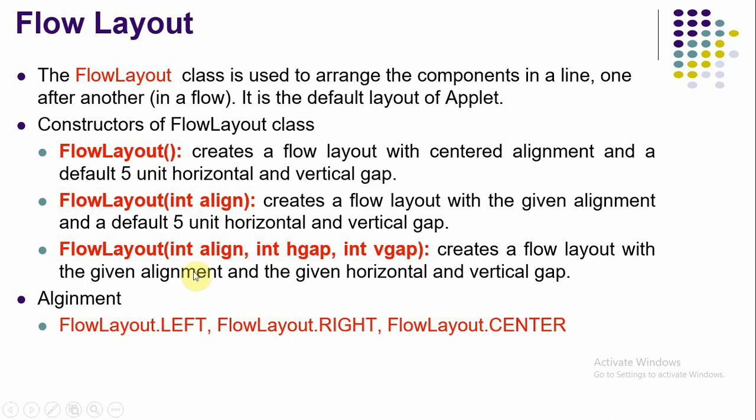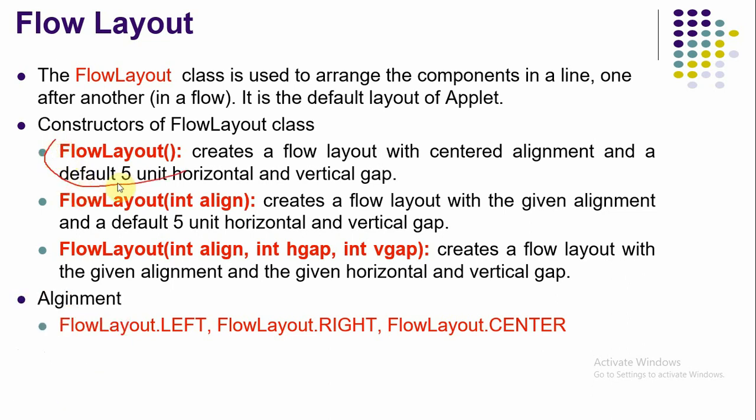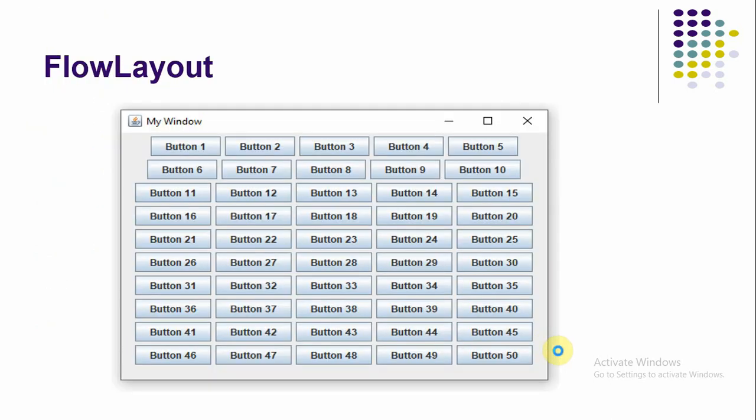We can create a flow layout by using the FlowLayout constructor. Here you can see the constructor structure. This is a constructor, FlowLayout. If you want to give alignment, we can use this FlowLayout constructor. If you want to give alignment and horizontal gap and vertical gap, we can use this constructor. For alignment you can use FlowLayout.LEFT, FlowLayout.RIGHT, or FlowLayout.CENTER.